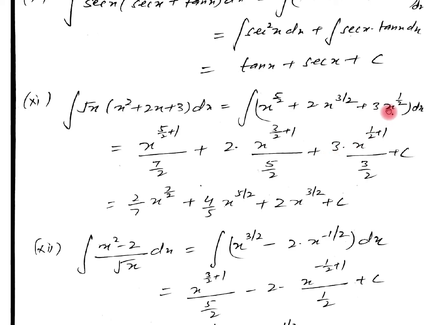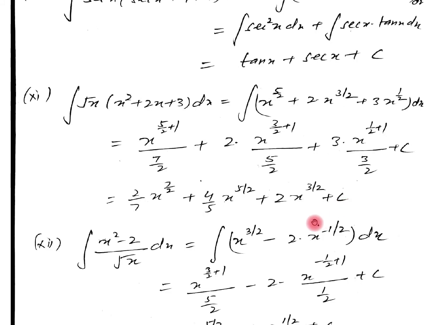The integral of x raised to power 1 by 2 is x raised to power 1 by 2 plus 1 upon 3 by 2 plus c. So again simplifying, it is what? 2 by 7 x raised to power 7 by 2 plus 4 by 5 x raised to power 5 by 2 plus 2 into x raised to power 3 by 2 plus c.